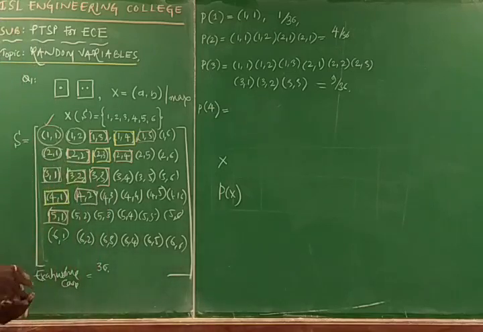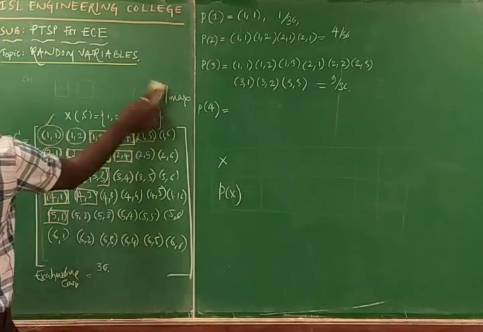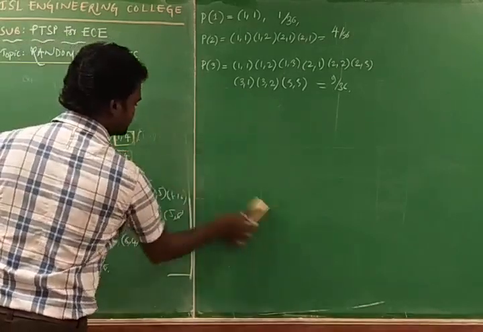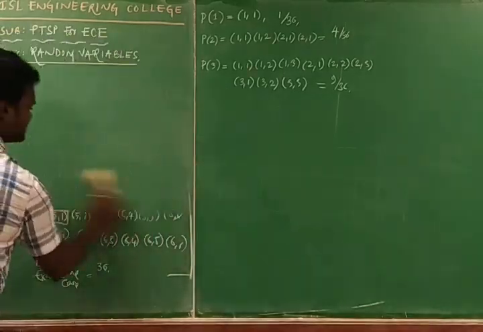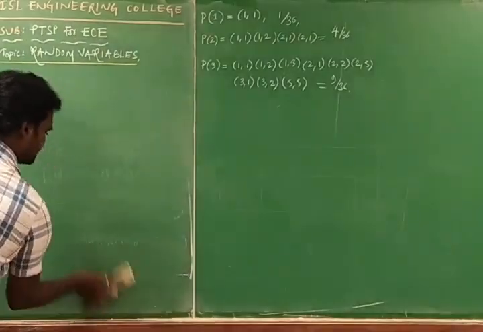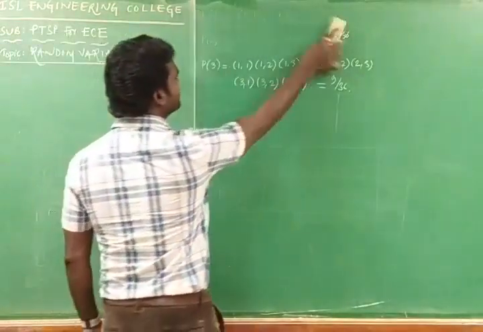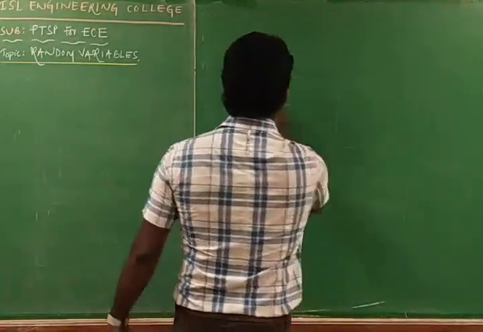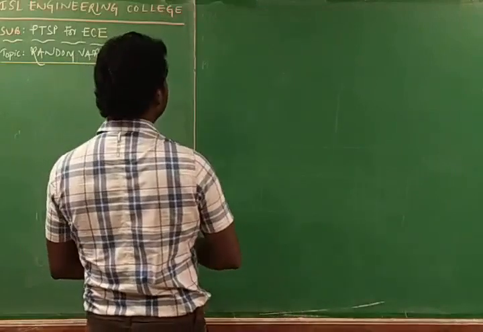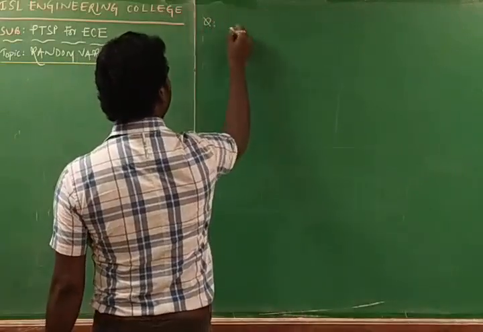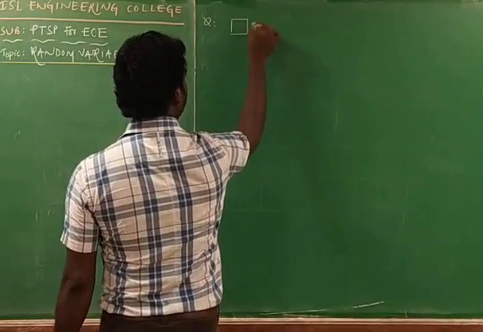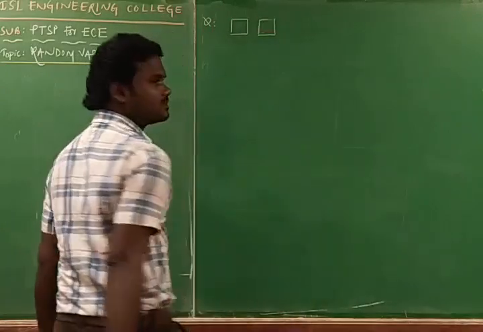This is a very, very important question. Question is what? Question is 2 dice thrown, then we need to calculate the sum.